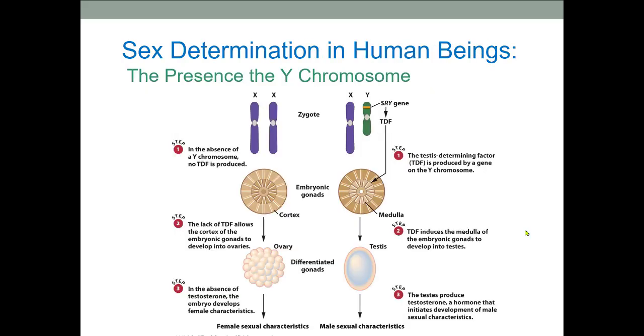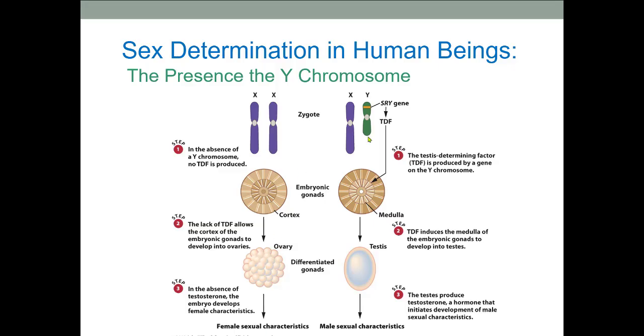In humans, here's the setup. Both sexes start with the same embryonic gonadal tissue shown here. If we have 2 X chromosomes, we follow what could be considered a default pathway: that gonadal tissue will turn into ovaries. Those ovaries then start to produce female sex hormones that cause secondary sexual characteristics to develop.